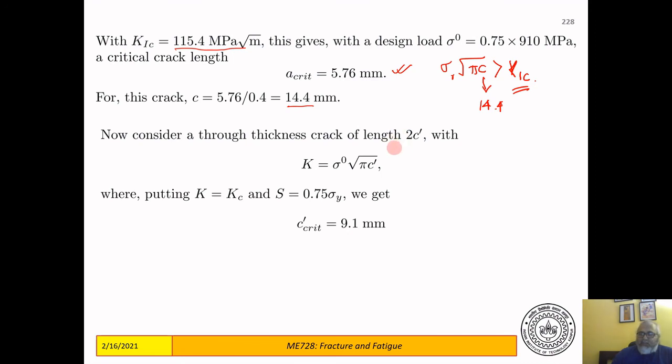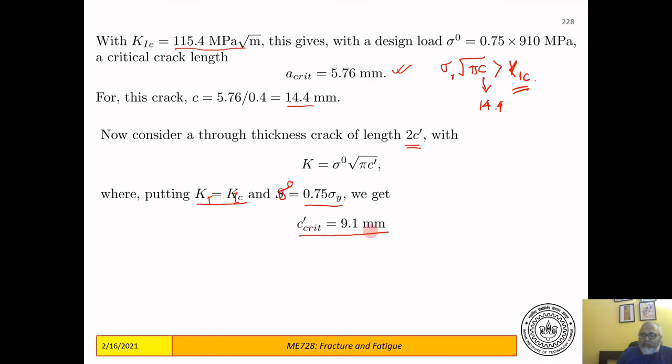Now consider a crack of length 2c prime. And we want that when the crack grows to 2c prime, it should just touch K1 equal to K1C. The design load, sigma naught, is equal to 0.75 sigma y. And if we do that, we get c critical equal to 9.1 millimeter.